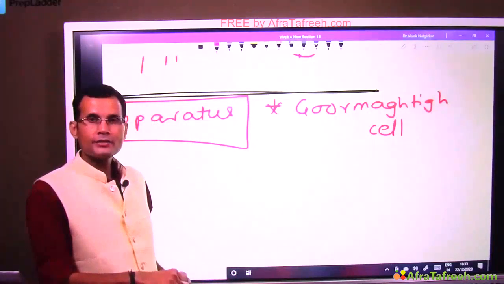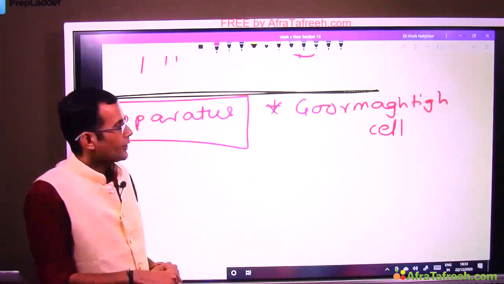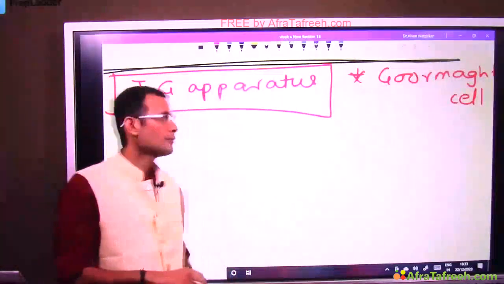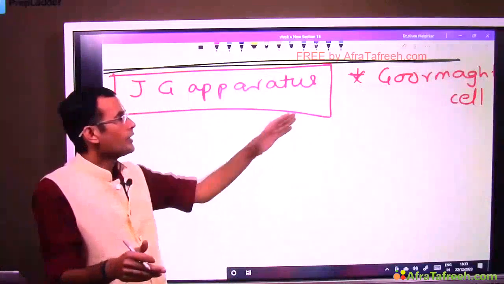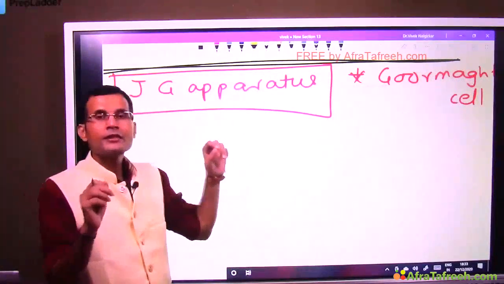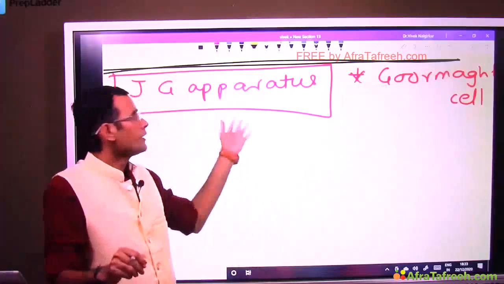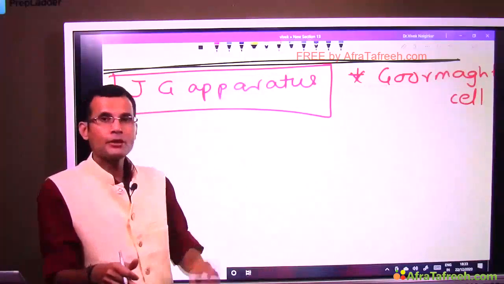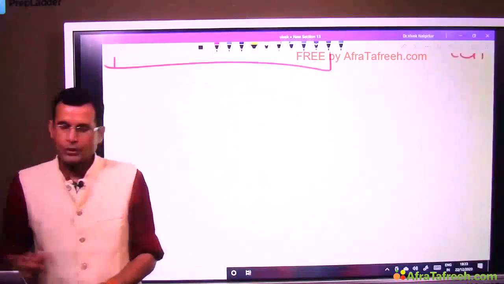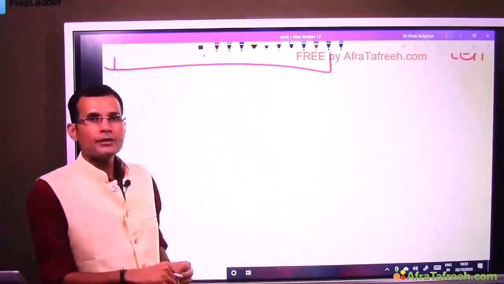You want to take a guess? Okay. The Lacis cell in the JG apparatus is known by this name as well, because this is the name of the discoverer who discovered this JG apparatus and that particular cell. Therefore, just remember it.